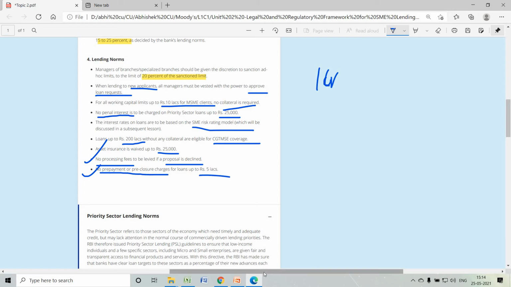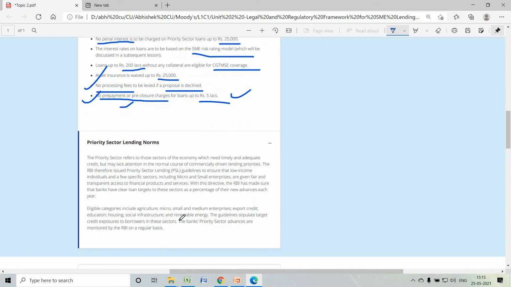So for any prepayment which the customer wants to do for a loan up to rupees 5 lakhs, he will not have to pay any charges. Otherwise there are prepayment charges, right?